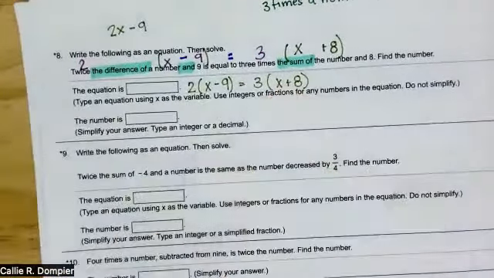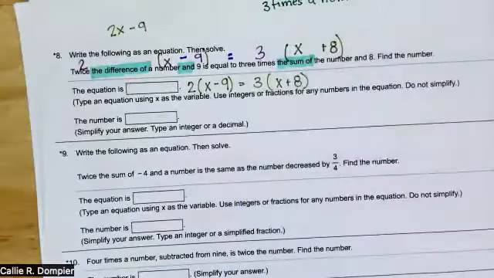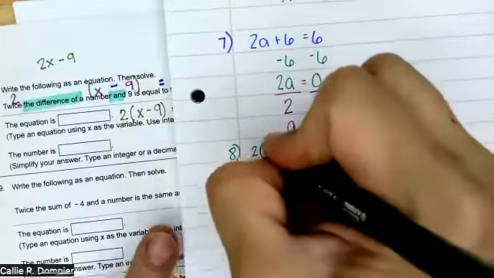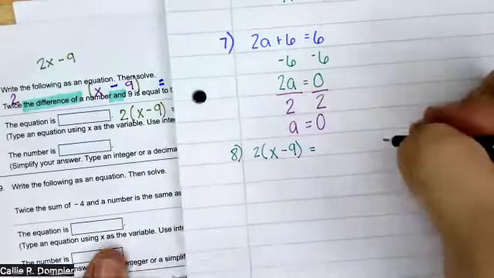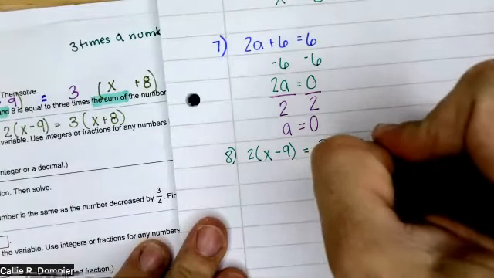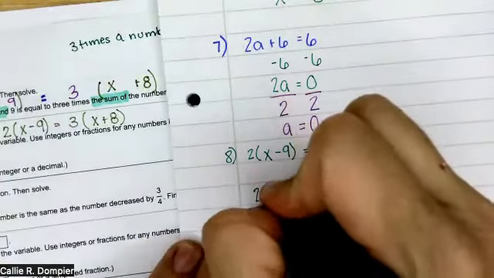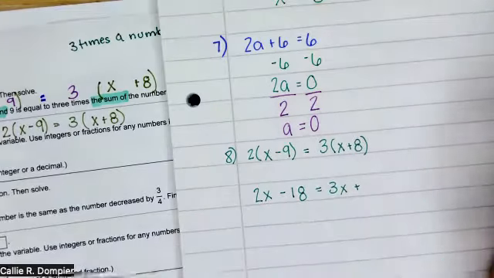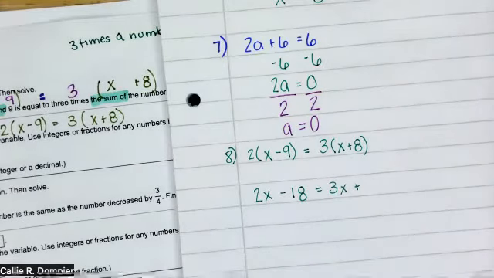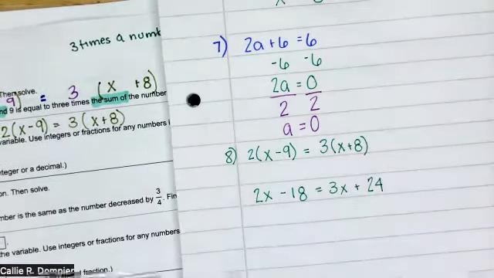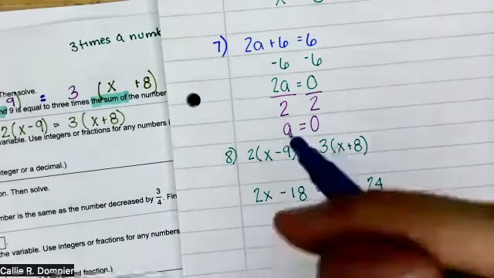And then the number is, so now you want to solve it. It was 2 times x minus 9 equals 3 times x plus 8. Good. So 2x minus 18 equals 3x plus, what's 3 times 8? 21? 24. That's like one of the ones I never remember. All right. Move the x's. I'm going to move the x over here so it's positive.